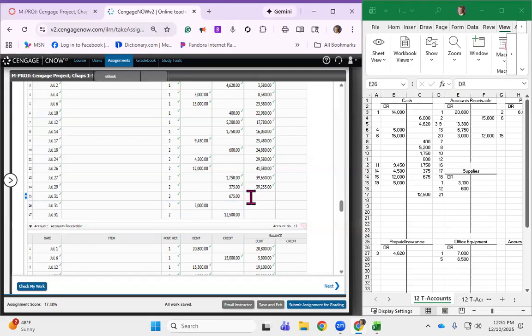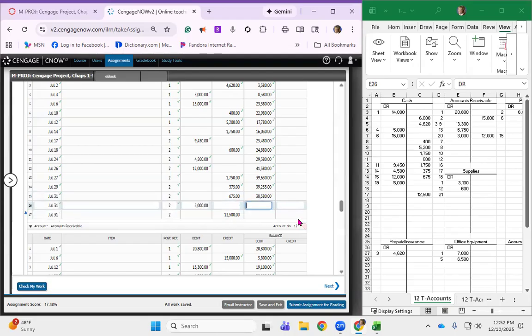There we go. So now let's take 39,255 and subtract 675. Okay. So, yep, that's why having the T account does help because at least you've got something to refer to. I'm not saying you couldn't make a mistake in it too, because you can.